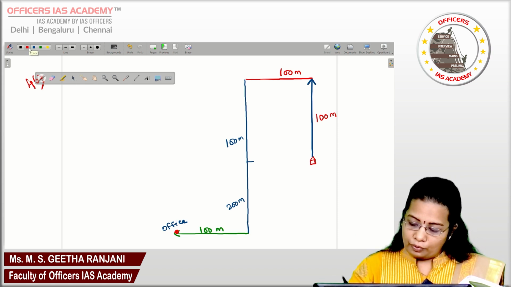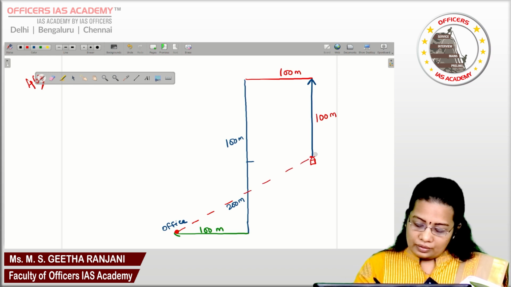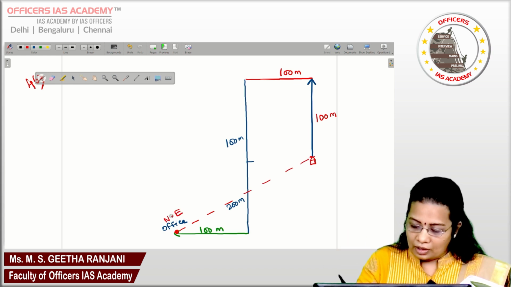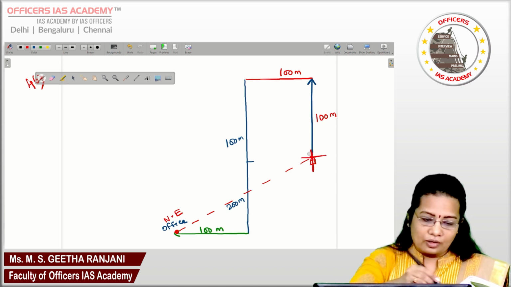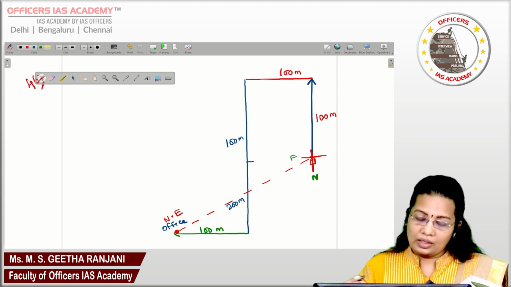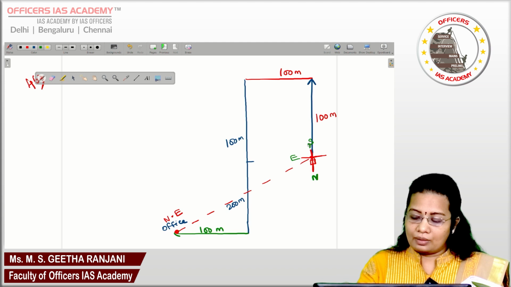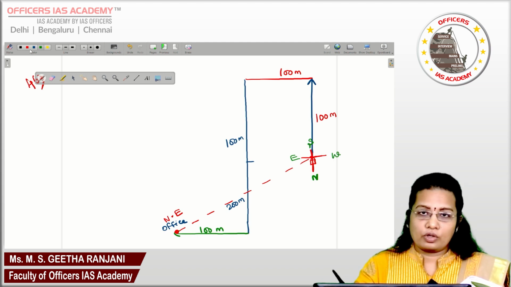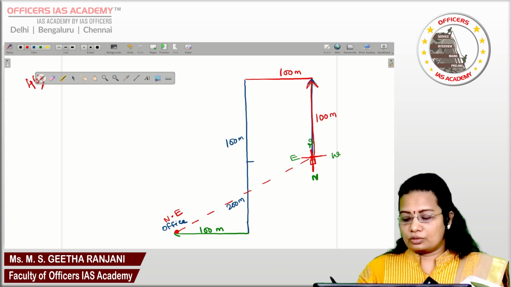From this point to this point, this office is situated in the northeast with respect to his house. So simply I am marking the dots. This is north and this is east. Now this will become the south and this will become the west. So initially he started in the south direction. So the answer is going to be south.